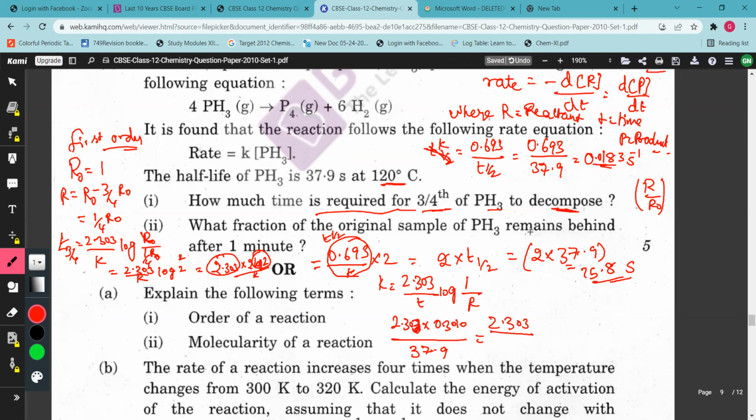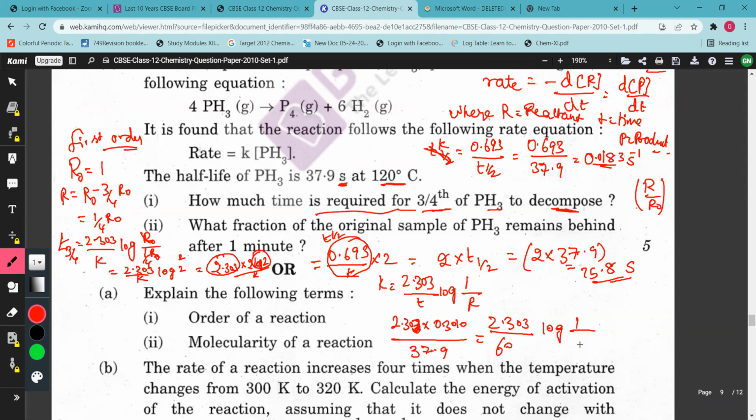The time left after 1 minute they are asking. But here they have given T half in seconds. So you convert this into seconds and use it here because all the units should be similar. T half is in seconds here, so on this side also we have to use t in seconds. 1 minute means 60 seconds.